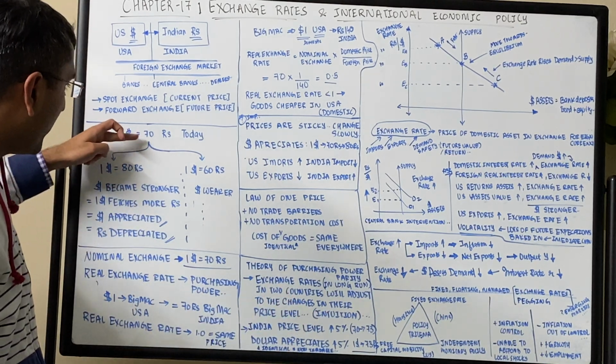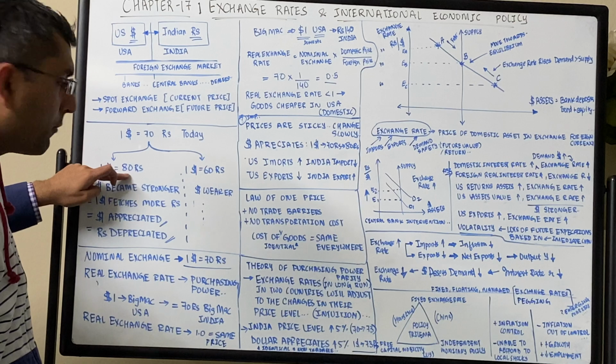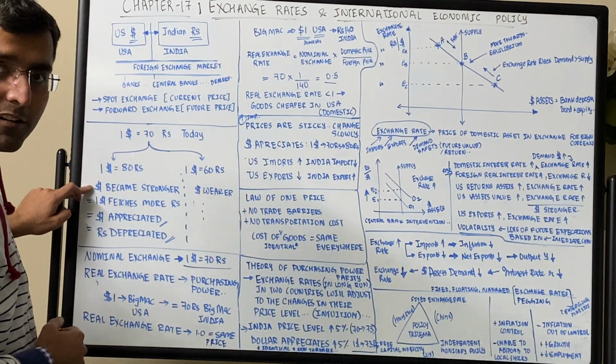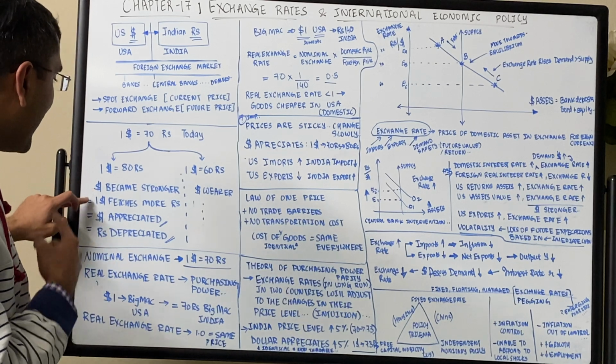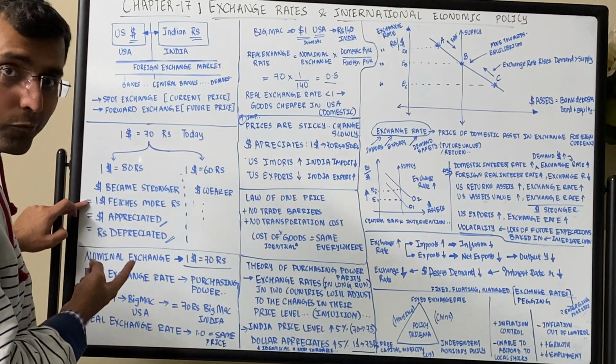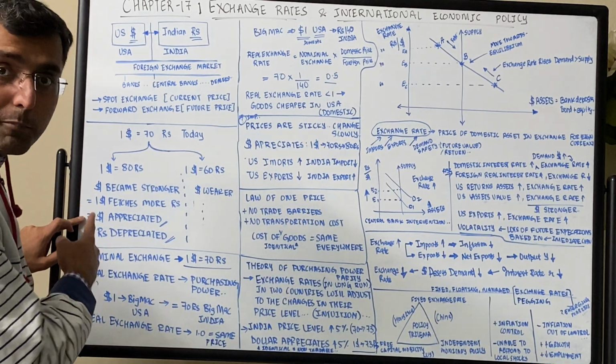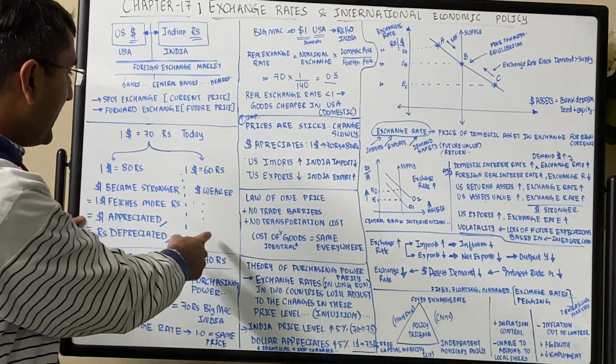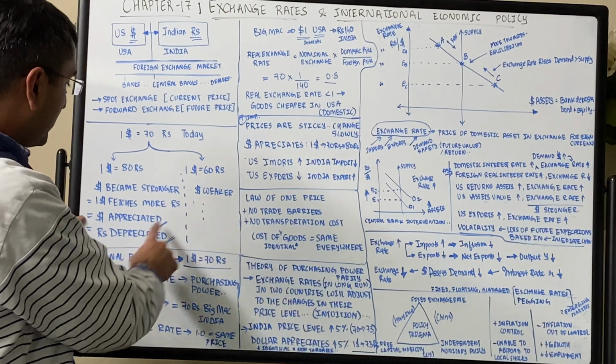So when for the same dollar you get more rupees, or more of the other currency, you say the dollar became stronger, or the dollar fetches more rupees, or the dollar appreciated. And vice versa, you can say the rupee got weaker.